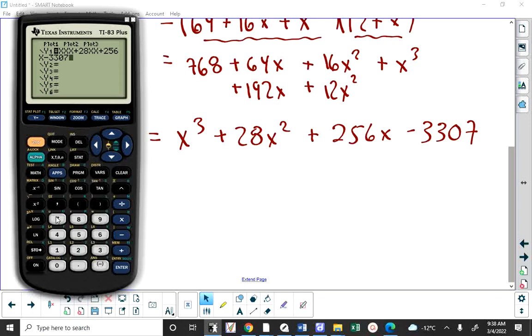Now, rather than me poking around with my graph and my window settings, I know that this is an equation for volume, and I know that x is how much we're adding to each of the dimensions. So I'm going to set up my table to start at 0 and go up by, I want to say 1, but I'm going to go up by 0.5, and I'm going to put it on auto.